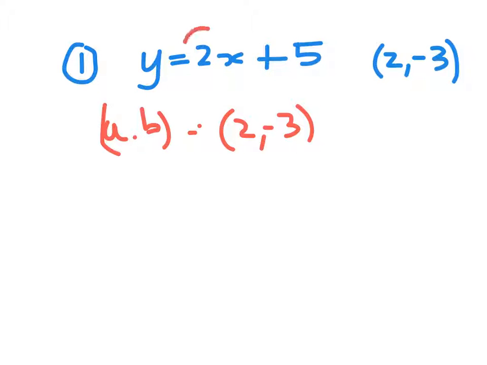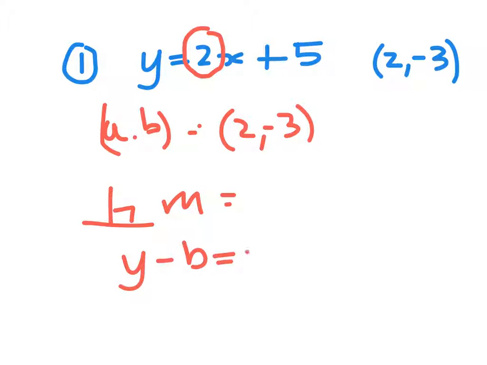From this line here, we know the gradient is 2. However, we're looking for the perpendicular gradient. So if you take the gradient, which is 2, turn it into the perpendicular gradient, and then use the point (2, -3) in the formula y minus b equals m(x minus a), then that should get you your answer.